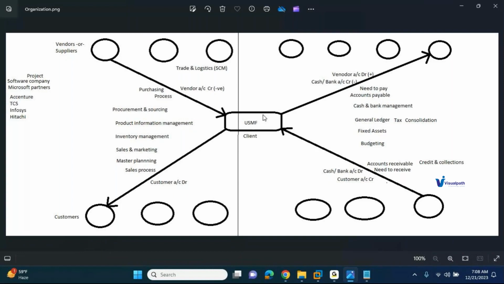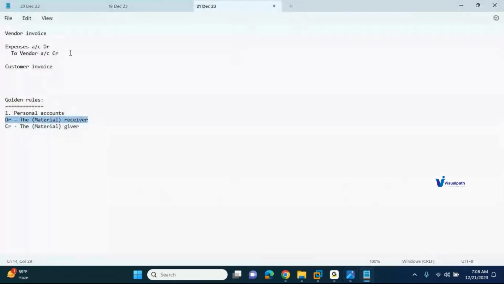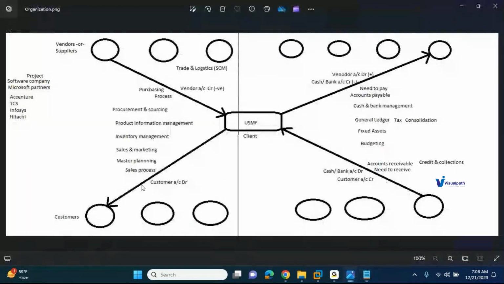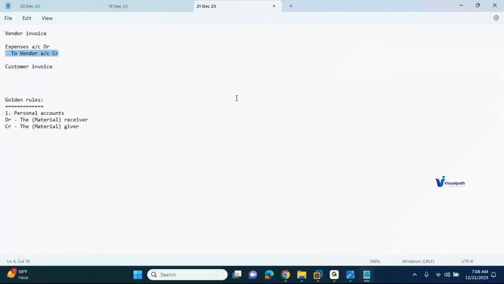Suppose you are running a mobile shop, or purchasing and selling laptops. Who is giving laptops to you? Vendor. So that is the vendor account. Now who is receiving from you? Customer. So at the time of customer invoice, customer account debit to sales revenue.